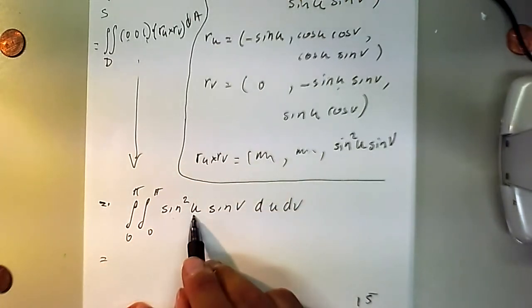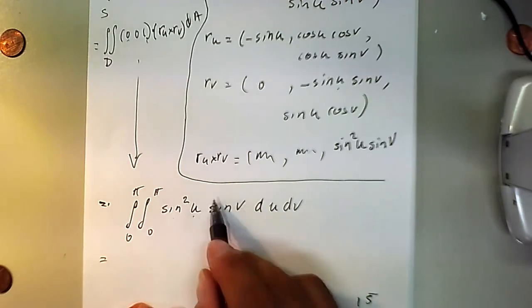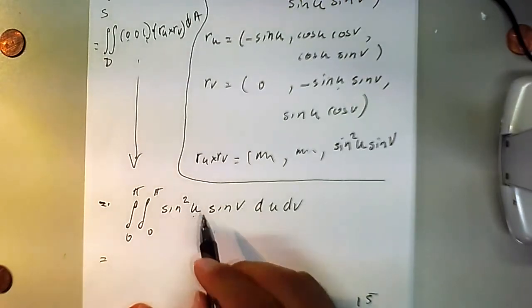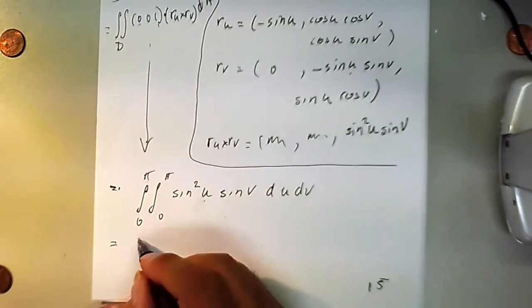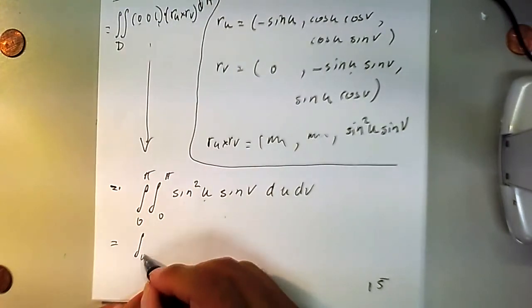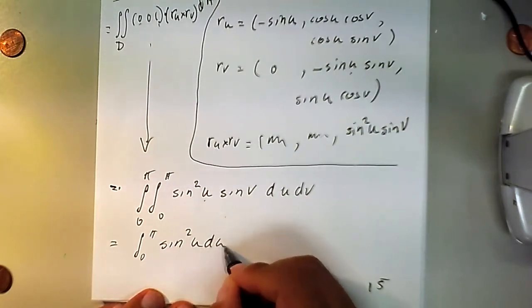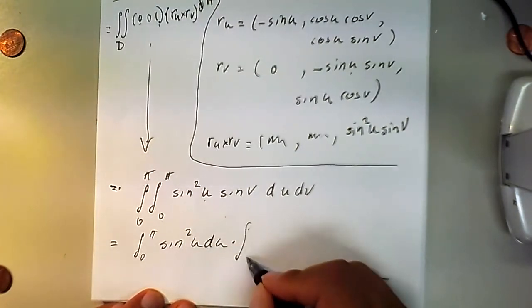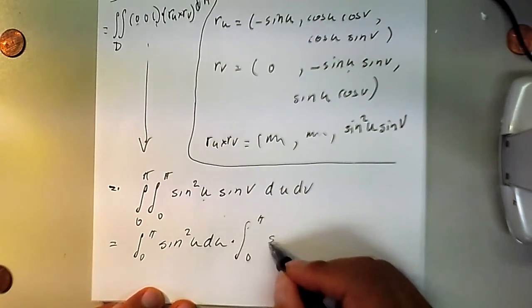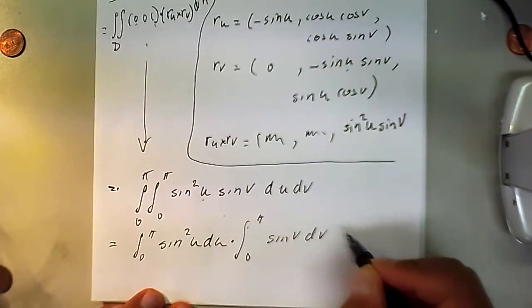So sine squared of u from 0 to pi with respect to u, and sine v is a constant with respect to u, so we can factor that out. Let's split it up. We really have the integral from 0 to pi of sine squared of u du multiplied with the integral from 0 to pi of sine of v dv.